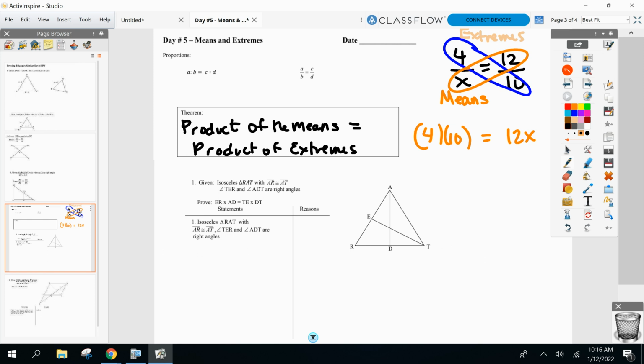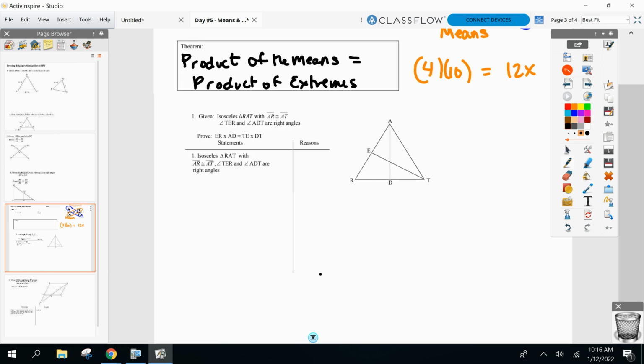There's no shorthand either. So what am I trying to tell you? Suck it up. There's no pom equals po, if anyone's following that. Okay? It's product of the means equals product of the extremes. And that's how we're going to finish the proofs off today. Go that one extra step.